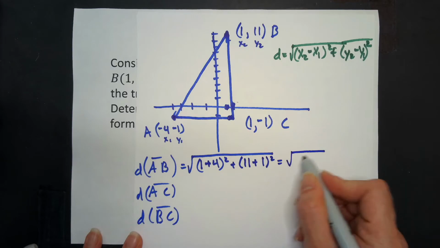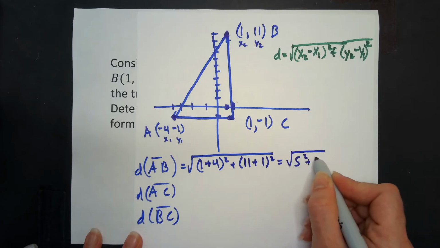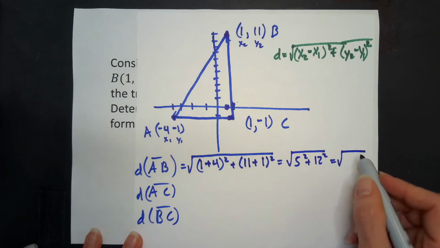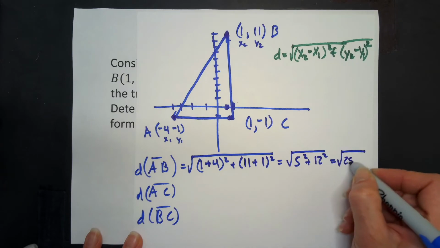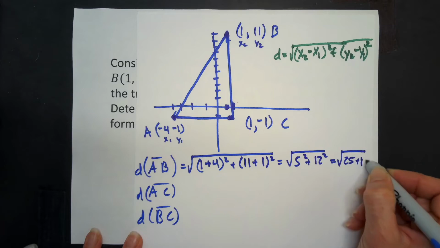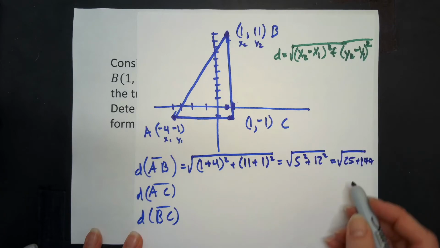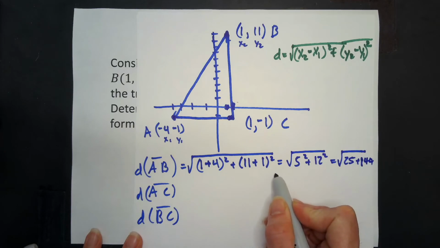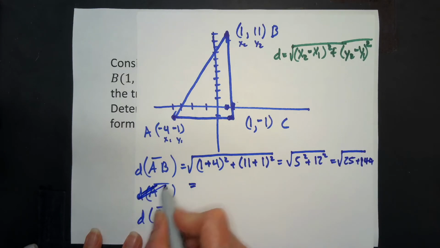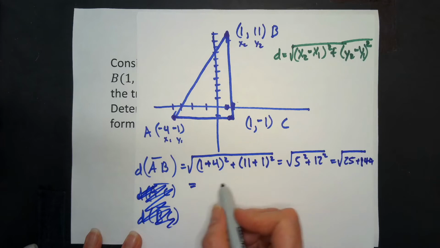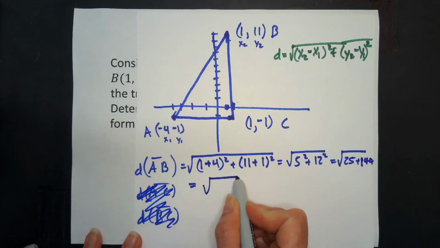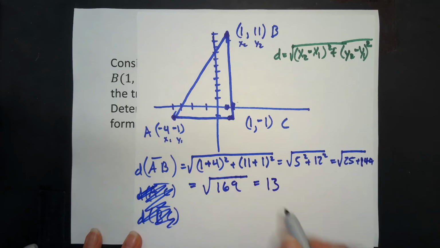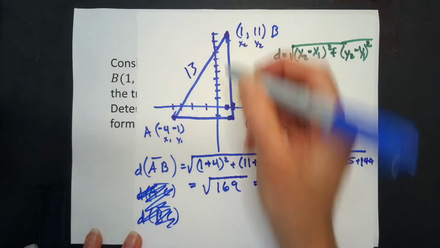So I'm going to get the square root of 5 squared plus 12 squared, which is 25 plus 144, and I am off the page. I knew that was going to happen. That's going to give me a total of the square root of 169, which is 13. So this side right here is 13 units long.